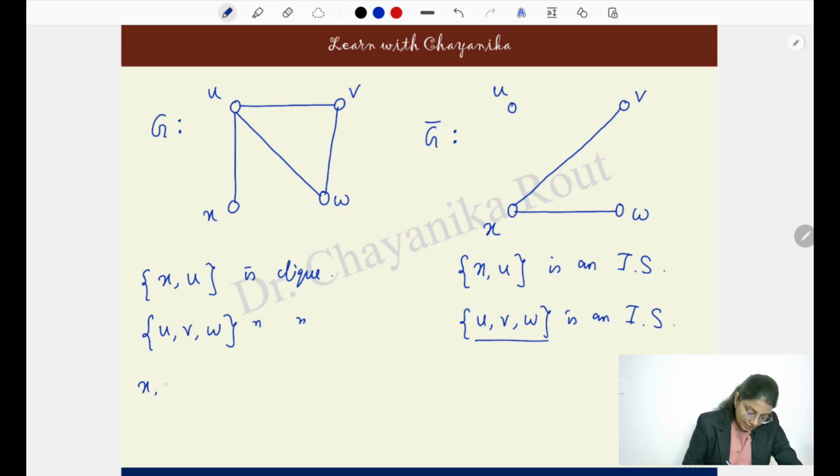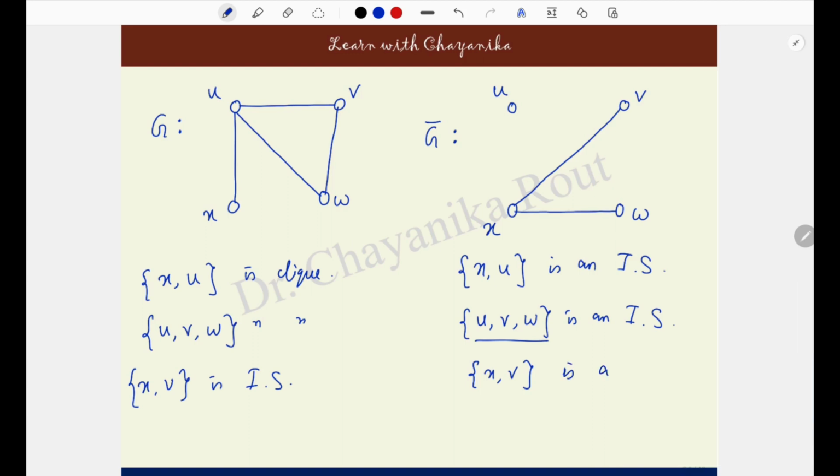Again, X and V, they form an independent set in G, and that set X and V forms a clique in the complement. So basically the point is, every clique in the graph is an independent set in the complement of the graph, and every independent set of a graph is a clique in the complement of that particular graph.